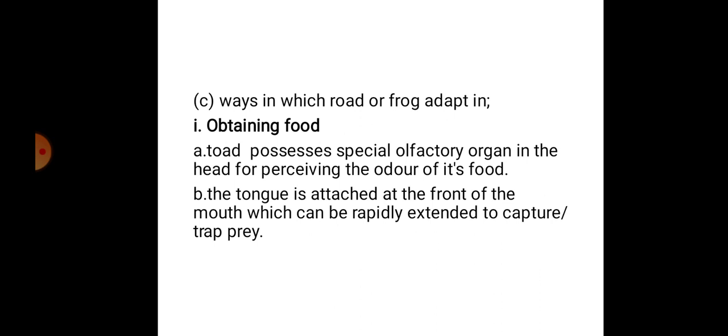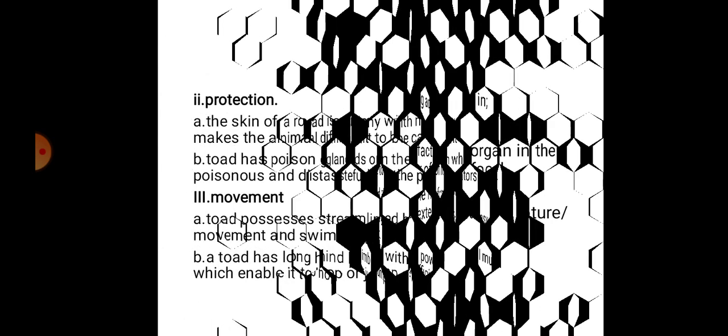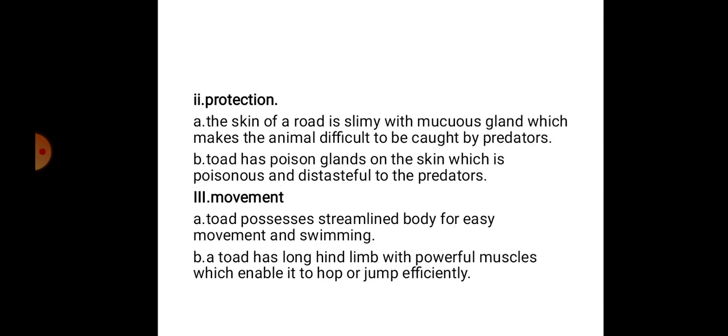Now let us look at another way, in terms of protection. How is the toad structured in terms of protection? A. The skin of a toad is slimy with mucus glands, which makes the animal difficult to be caught by predators.